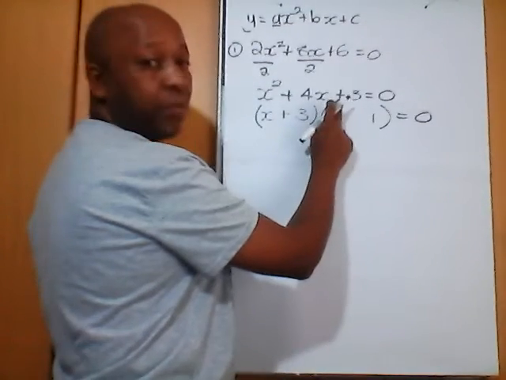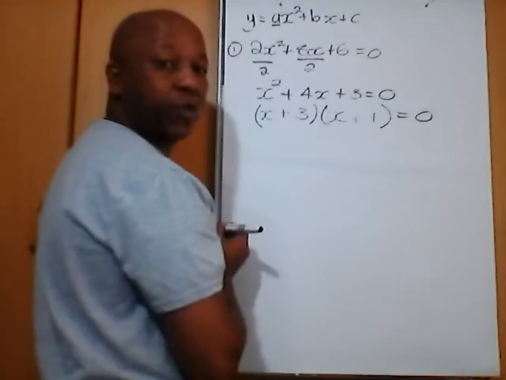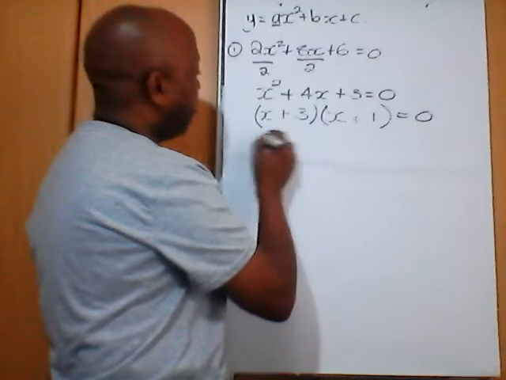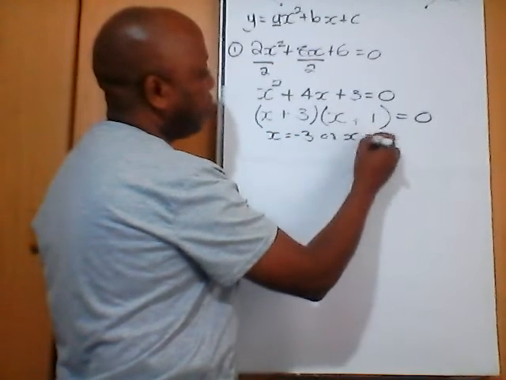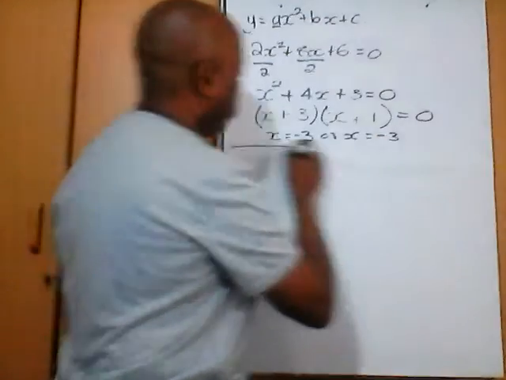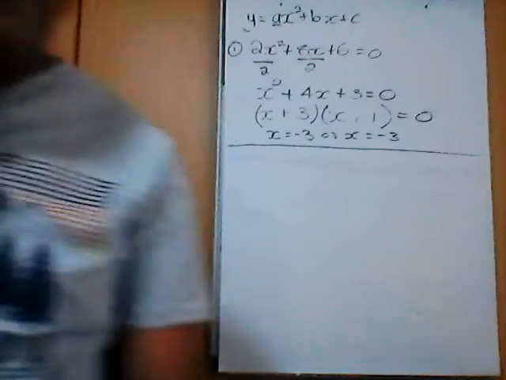If the last term is positive, both signs must be the same, so that's a plus as well. Therefore, x equals negative 3 according to our zero factor theorem, or x equals negative 1. First one done.